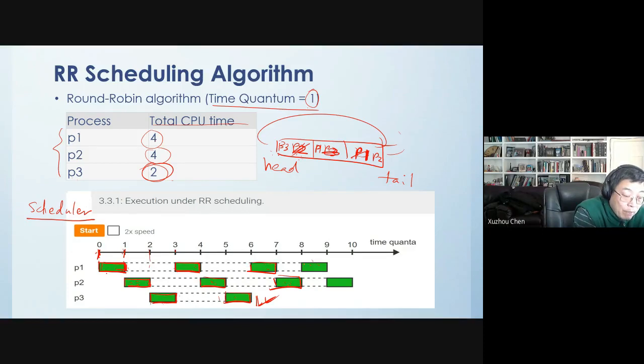Now it's more frequent: every 2 time units, a process gets the CPU. So the waiting time was longer, but now it's shorter, because process 3 quit the competition. That's the round robin scheduling algorithm.